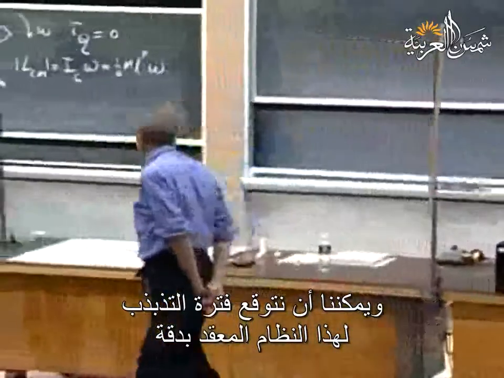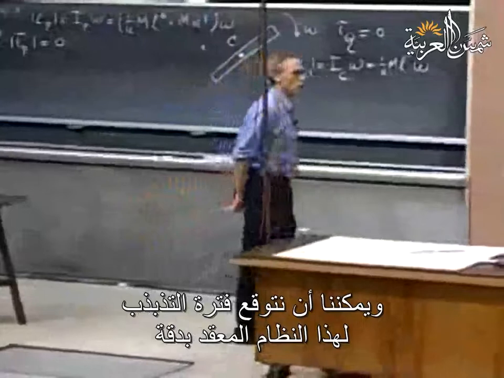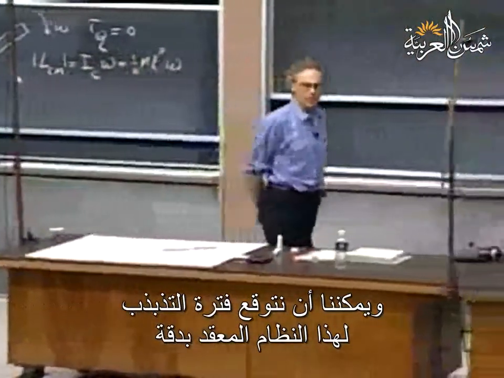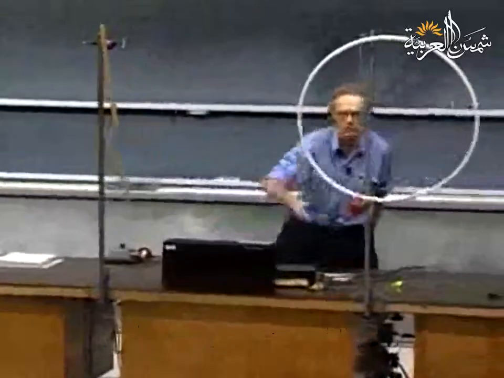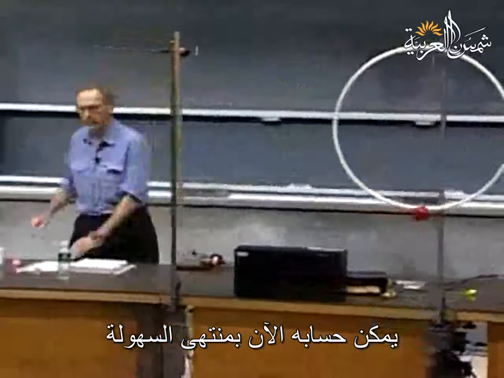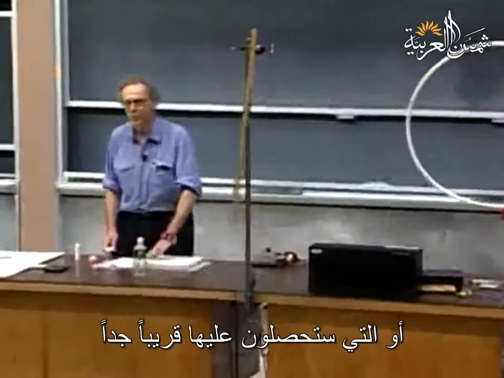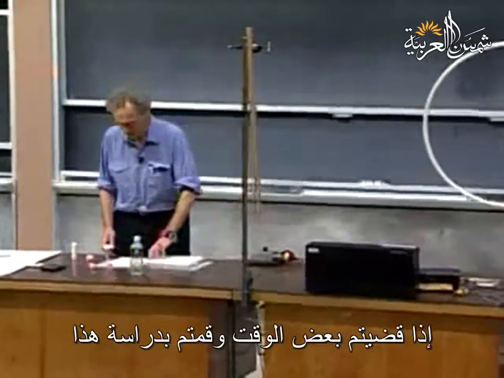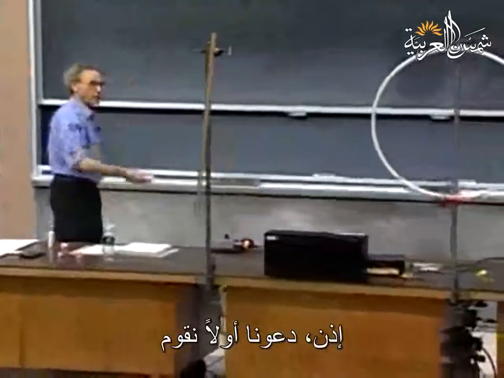And we can make a quite accurate prediction about the period of oscillation of this rather complex system. Even a system as bizarre as this hula hoop, which oscillates about that pin, can now be calculated very easily with the knowledge that we have, or at least that you will have very shortly if you spend the time and you study this.